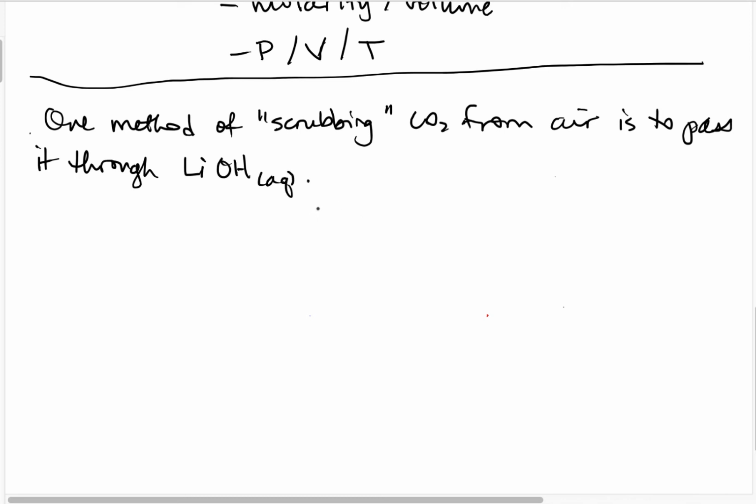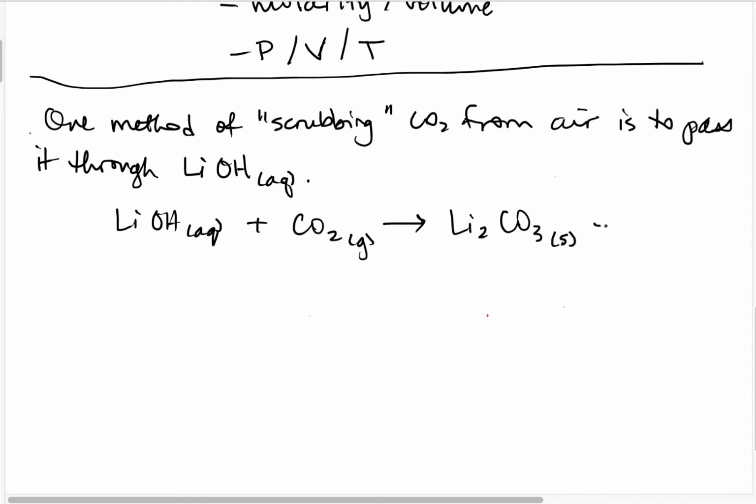Lithium hydroxide is a strong base like sodium hydroxide, but what happens in lithium hydroxide is that the carbon dioxide will precipitate to make lithium carbonate. And lithium carbonate is a little less soluble than, I don't know, sodium carbonate, for example. And so it will precipitate out a little bit more effectively.